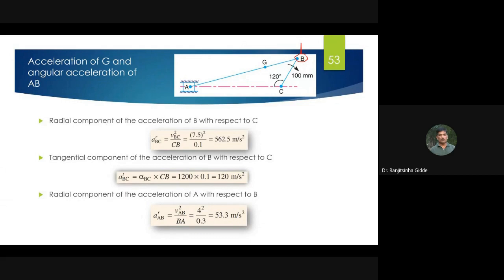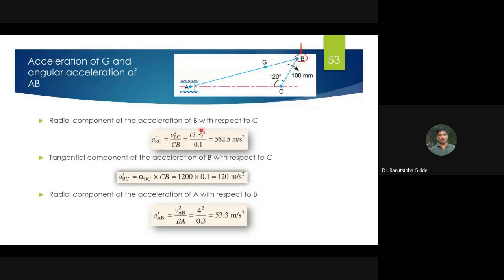So the radial component of acceleration of B with respect to C, write down ARBC is equal to velocity of BC square divided by CB, this distance.